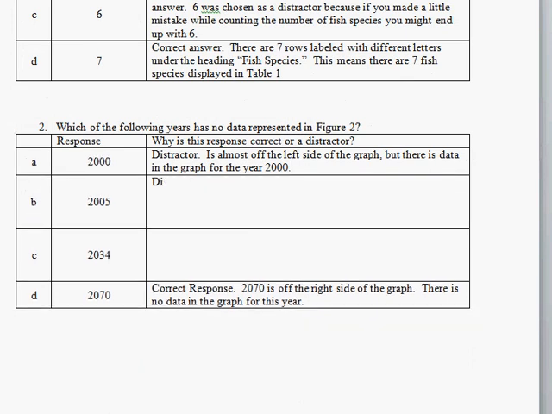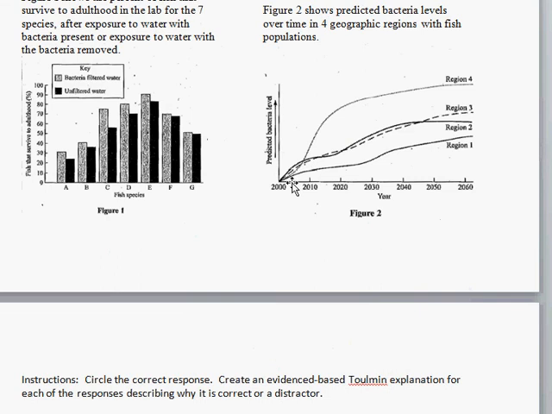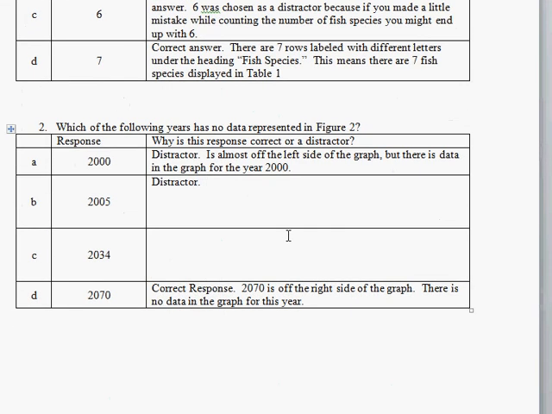2005 is also a distractor. Let's take a look. 2005 is near the left edge of the graph, but it's on the graph and there is data displayed in the graph.